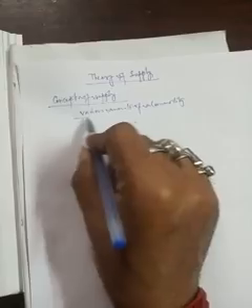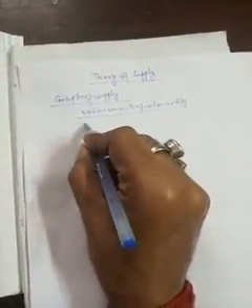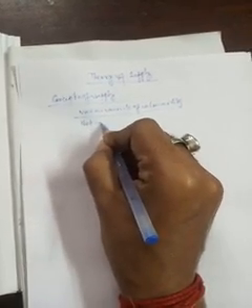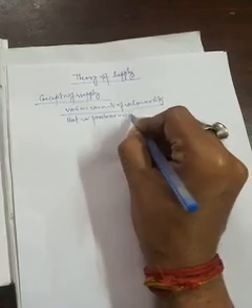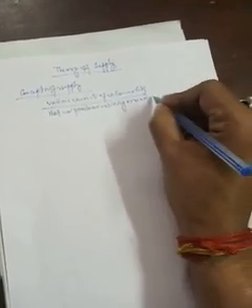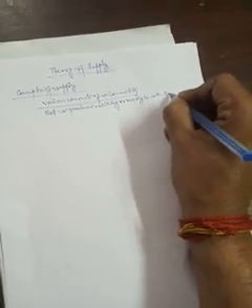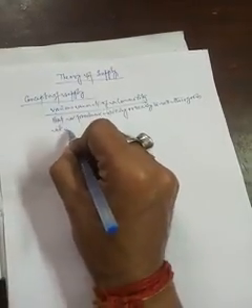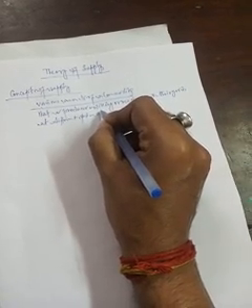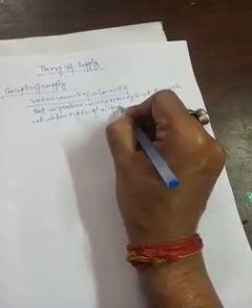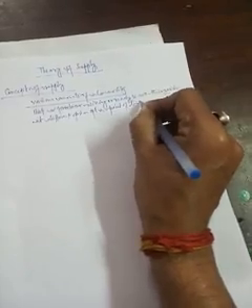Supply means various amounts of commodity that a producer is willing, or you can say a producer is ready, to sell their goods or commodity at different prices at a point of time.